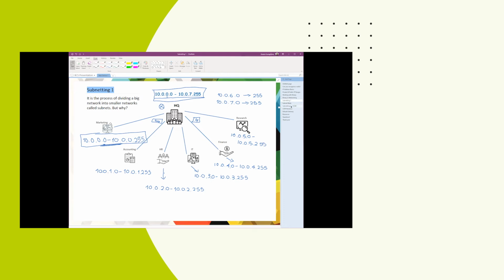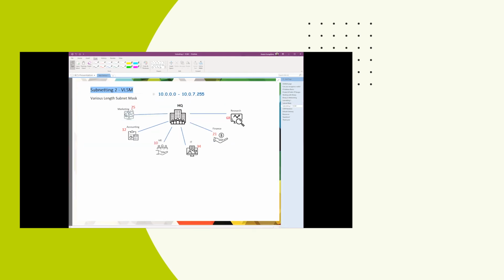But this technique allows us to work with different sizes of networks. The only rule that we need to stick to is we always need to start our subnetting going from the largest subnet to the smallest.